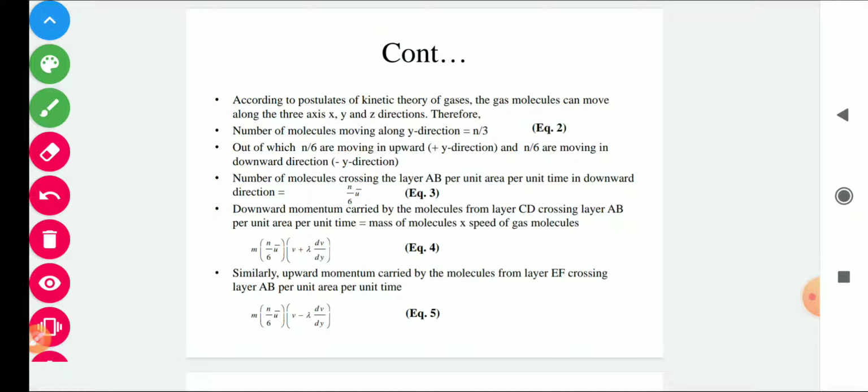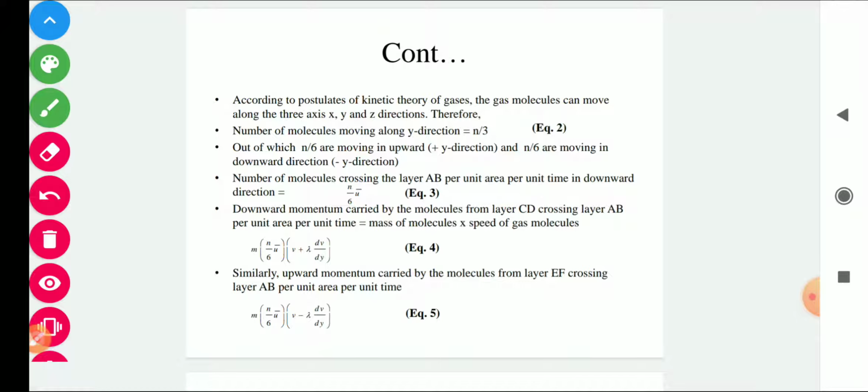So the number of molecules moving along the y direction will be n by 3, because the total number of molecules is n. n by 3 molecules move in the x direction, n by 3 in the y direction, and n by 3 in the z direction.